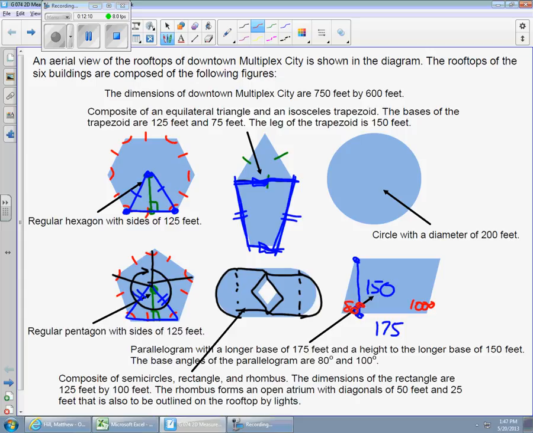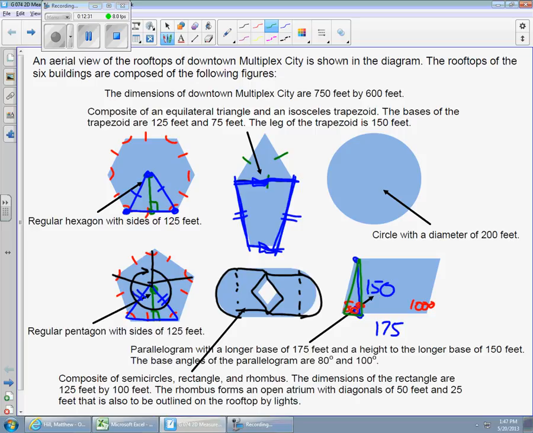Now why would they give you that information? Well, when it comes down to finding the perimeter going around this thing, as you can see, we're missing this left slanted side, and then the right slanted side will be congruent, but we don't have that information. But can you see a right triangle in there? You got a right triangle in there.